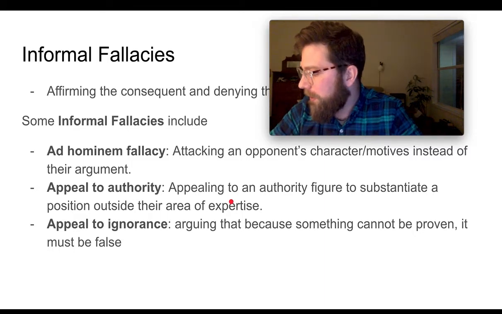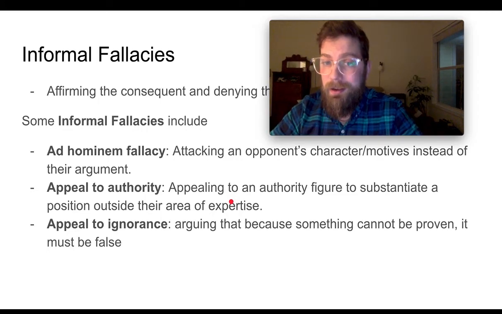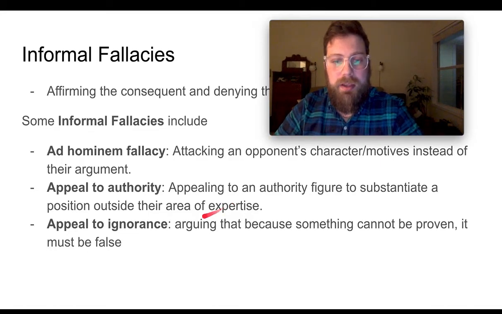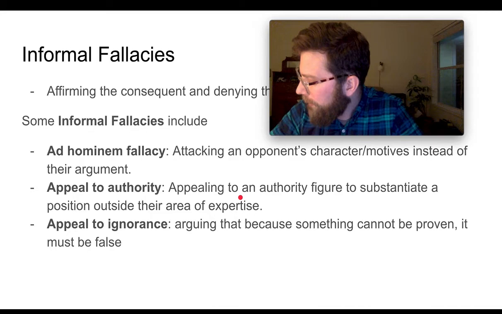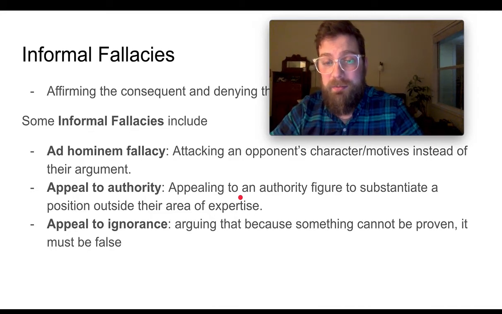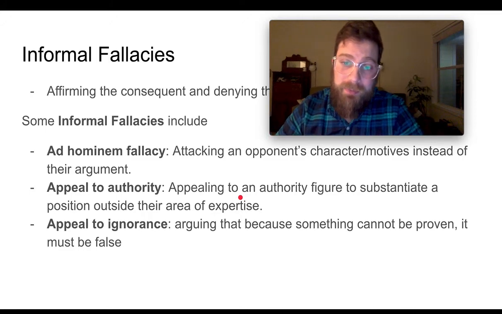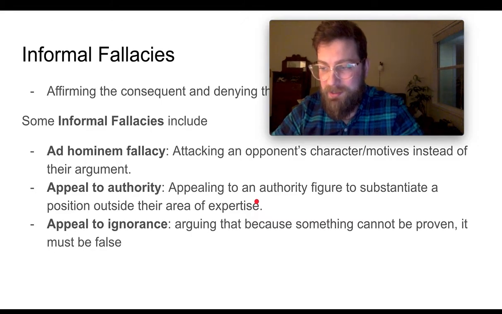So, I can appeal to Dr. Fauci's advice on whether we should wear a mask out in public because disease transmission is his area of expertise, right? But when it comes to, say, celebrities who endorse a certain brand of toothpaste, they are outside their area of expertise. So the fact that so-and-so endorses a certain brand of toothpaste may be pretty irrelevant.